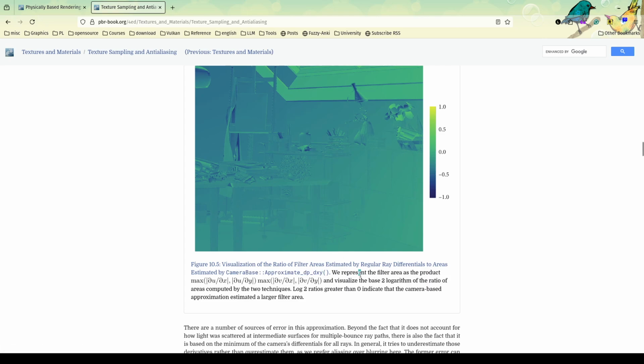They represent the filter area as a product of max partial u, partial x, partial u, partial y, and then visualize the base-2 logarithm of the ratio of the areas computed by the two techniques.